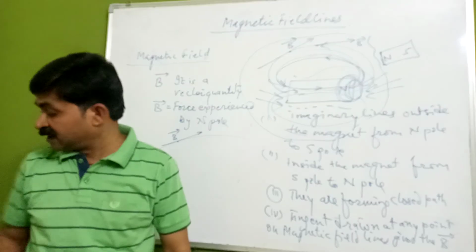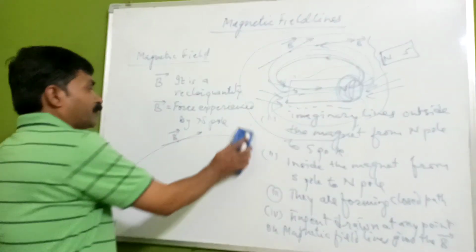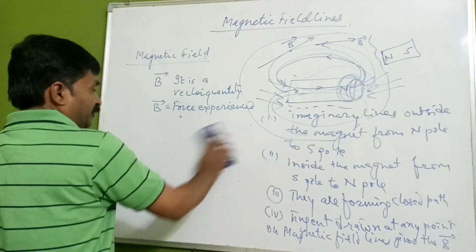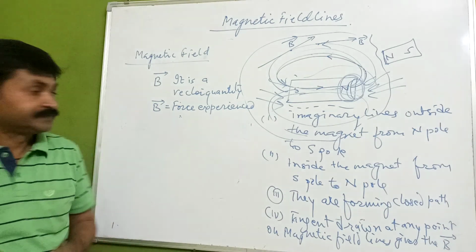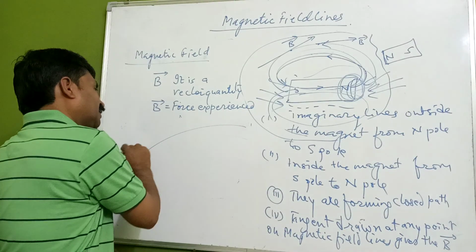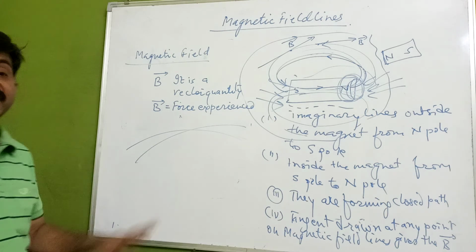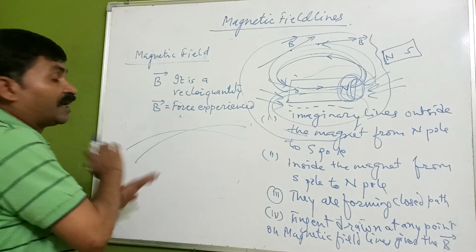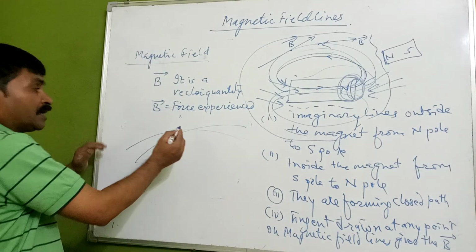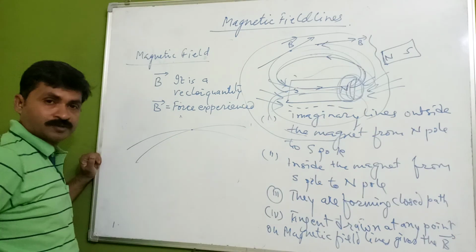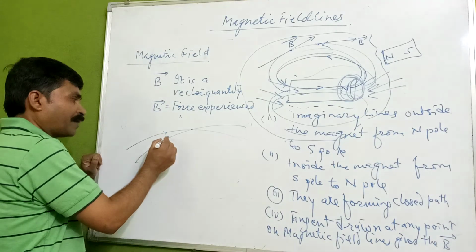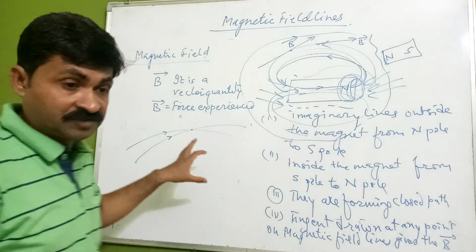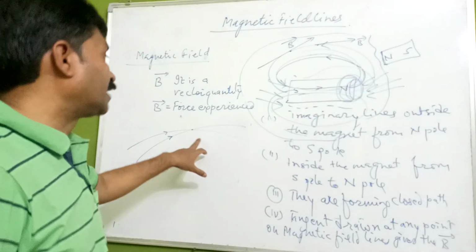Okay. Now another property, which is also an important property, is this: magnetic field lines never cross each other. If we assume they cross each other, suppose for example these are the two magnetic lines which we have taken into consideration.